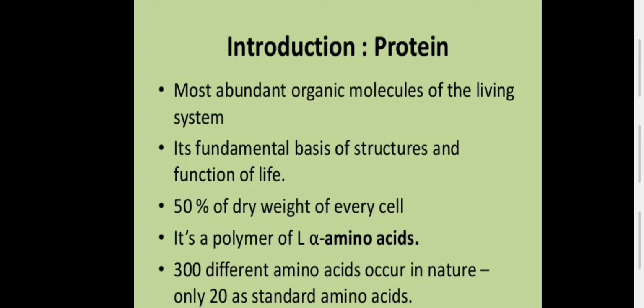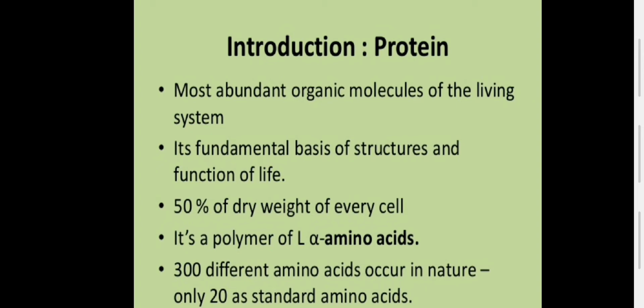It is also said that protein is the fundamental basis of structure and function of life. Why? Because, as I've said, protein is part of DNA replication. On how DNA is replicated, protein is part of that. That is why it is the fundamental basis of structure and function of life.